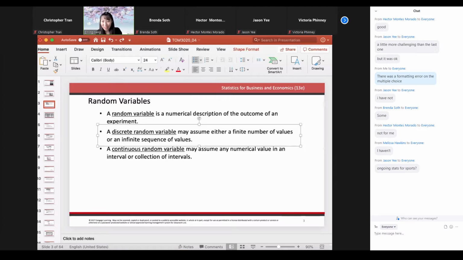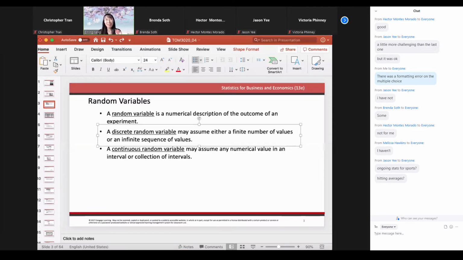Ongoing stats for sports. For example, what exact metric? You need to be more precise. Hitting averages.